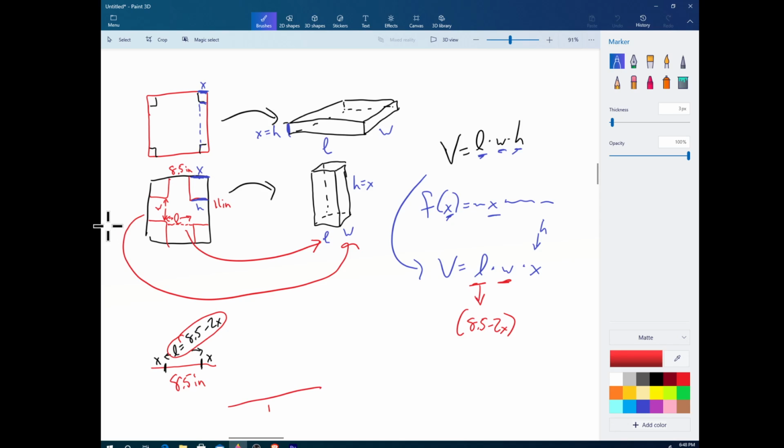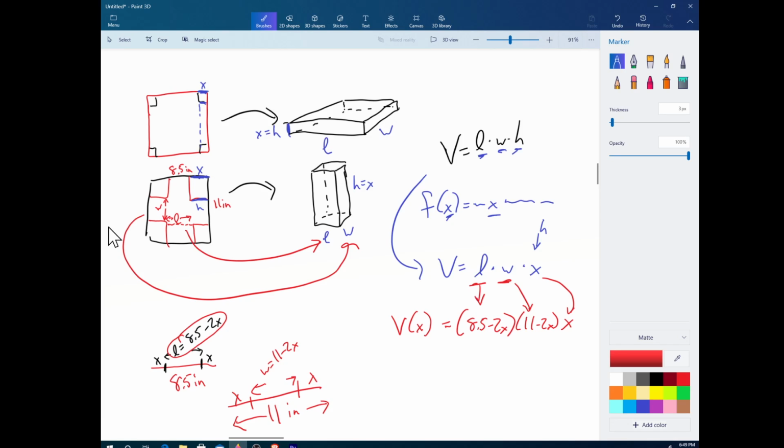Likewise, I can do the same thing for my 11 inches. I cut off an X and I cut off an X. Therefore, this piece in the middle that I'm left with, this whole length, this width is going to be 11 minus 2x. I now have an equation for my volume that's in terms of x.